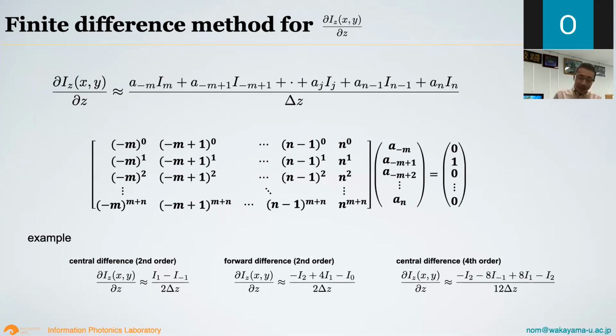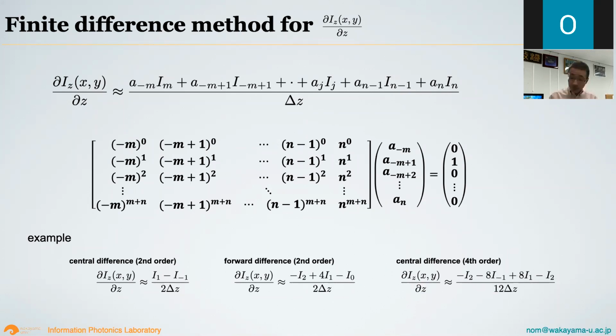But you can use any orders. So if you detect out-of-focus images more than two, you can use the fourth order central finite difference method. But in this case, the delta z is at equal intervals. But sometimes, due to the experimental conditions, the delta z is different from each other.